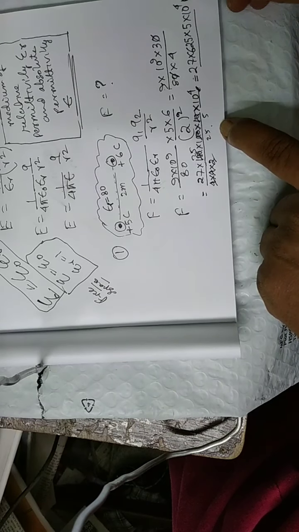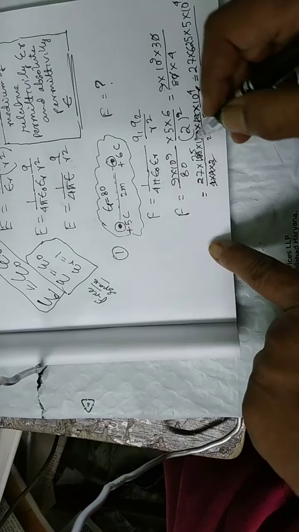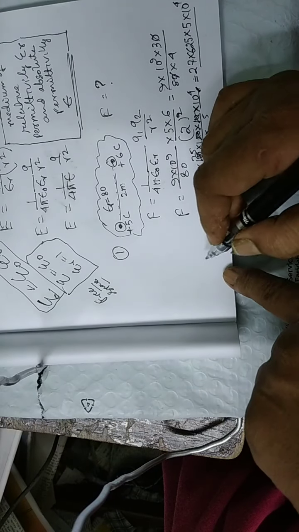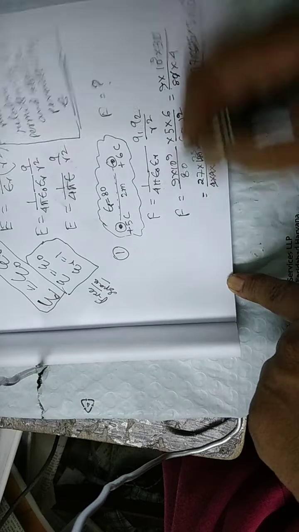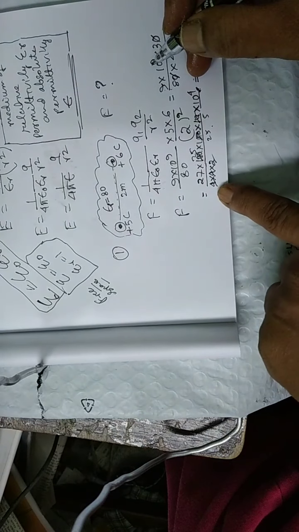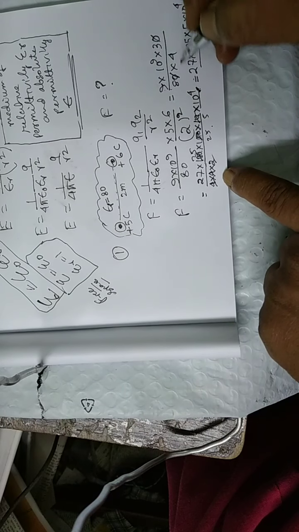This needs that much of Newton, but it is very difficult. It is easier if you divide directly. 27 divided by 32.